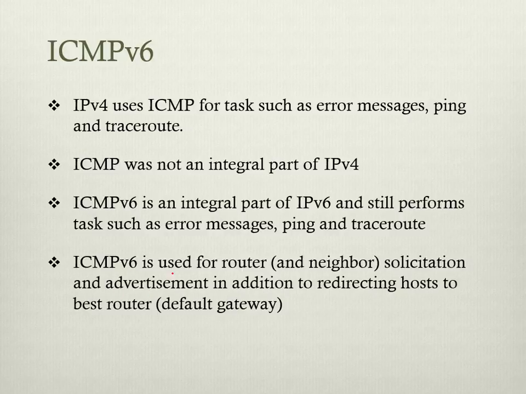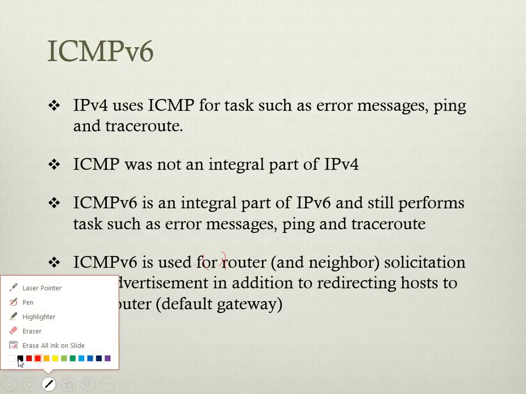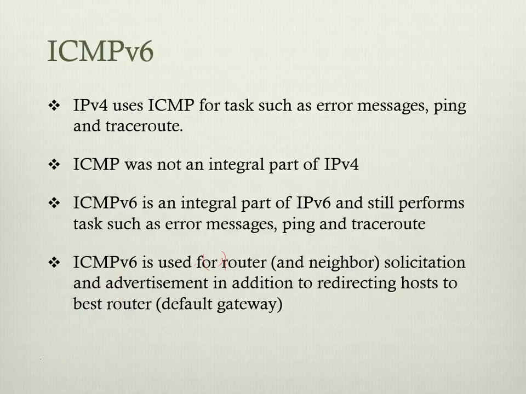IPv4, the one that we're all using and trying to get rid of, uses ICMP to do things. Okay, so we're going to use ICMP for the test, error messages, and those things.